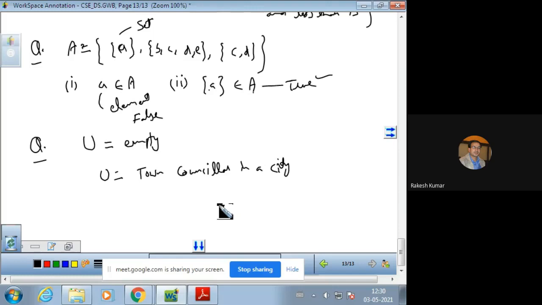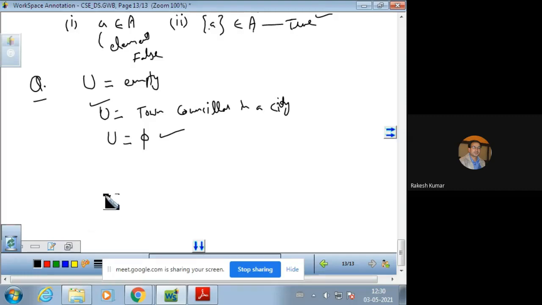It is possible that in a given year, ये पॉसिबल है कि किसी एक साल में टाउन काउंसलर किसी एक सिटी में ना हो या ना अपॉइंट हो. So this is a situation. If there is no town councillor in a year in the city, then we can say that your universal set is empty. So this is a situation under which your universal set can be empty.